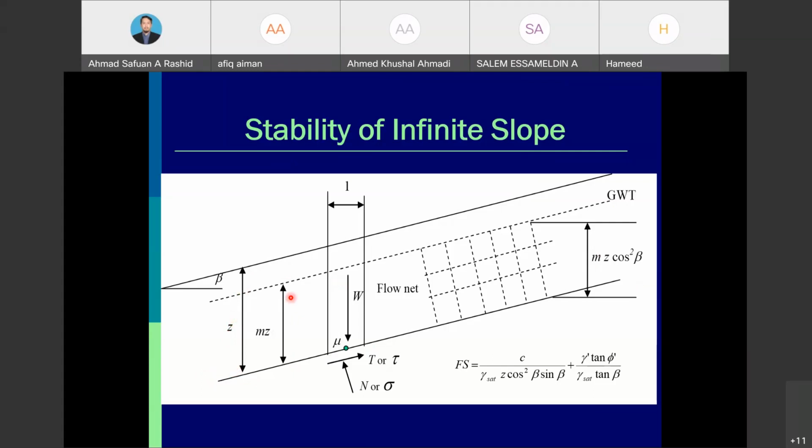So for example, if the total height is 1 meter, and the height of the water is 0.8 meter above the failure surface, so the M value is equal to 0.8, because 0.8 divided by 1.